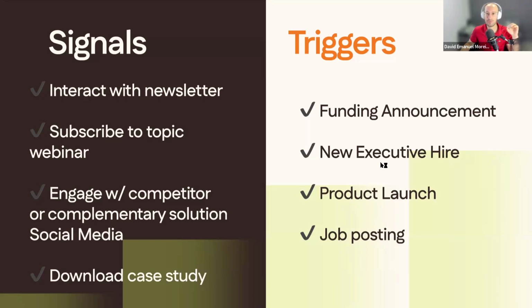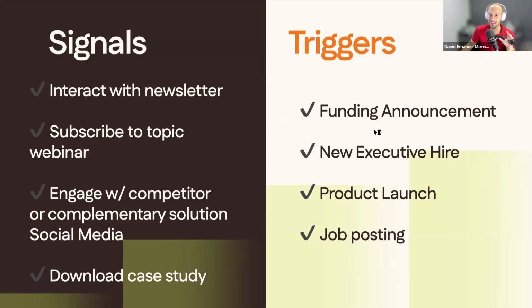Those are moments that you need to understand and monitor at the company level. And if you match a lead that has signed up to your newsletter and works at a company that recently received funding, probably you will find a jackpot, you know?